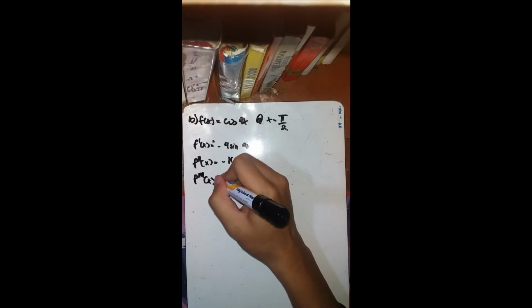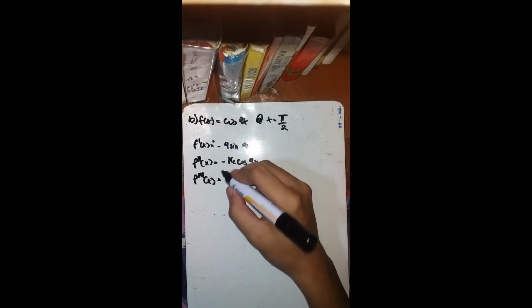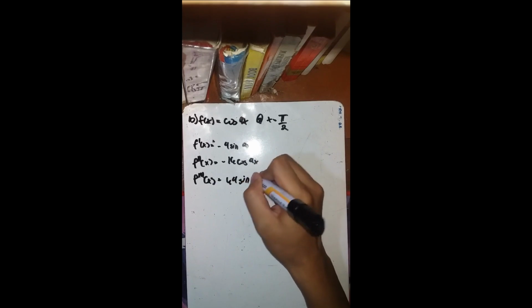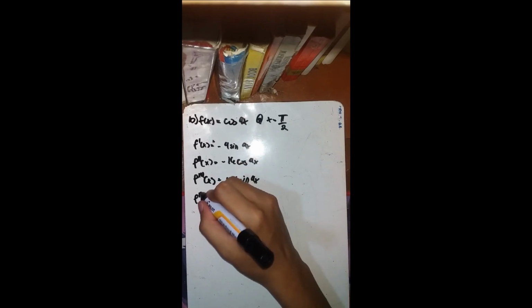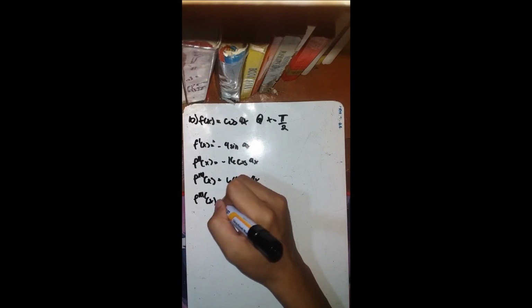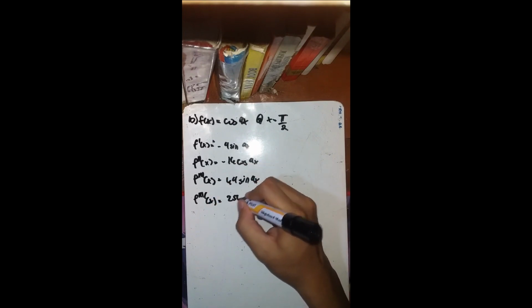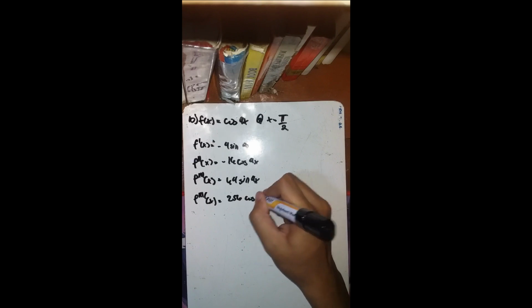Third, cos will be negative sine, so this will be 64 sine 4x. Fourth, 4 times 64 is 256 cos of 4x.